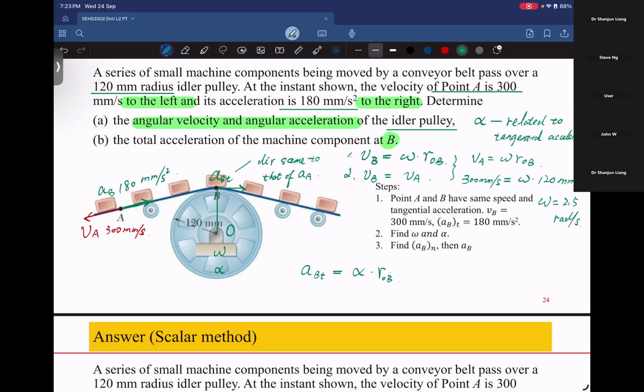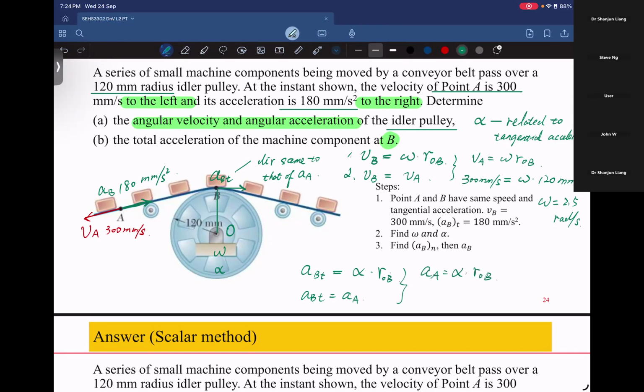And then we have another equation: ABT actually equals AA numerically, and AA is alpha times ROB.